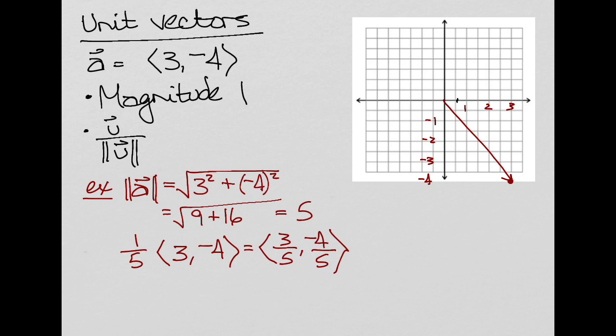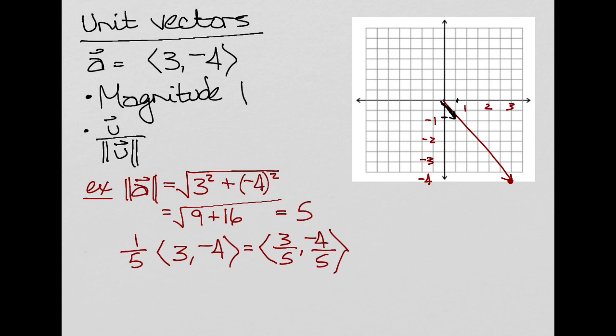It's a little bit more than half. And 4/5 is a little bit less than 1, something like that. So my vector, 3/5, negative 4/5, about there. It's in the same direction as my original vector A, but it has a length of 1.